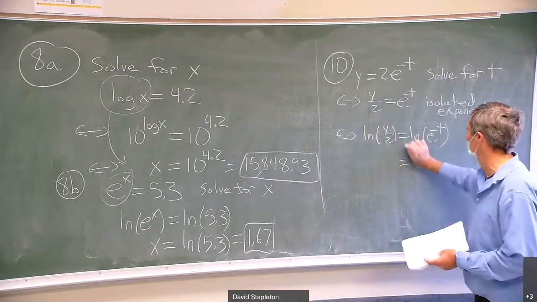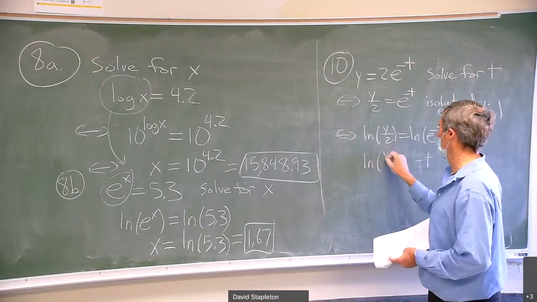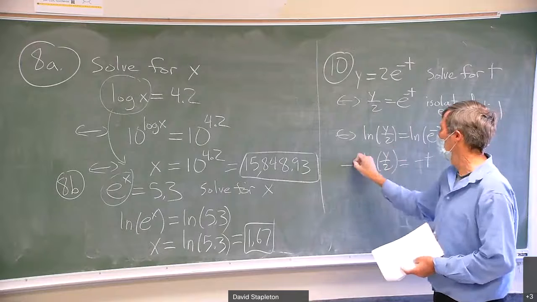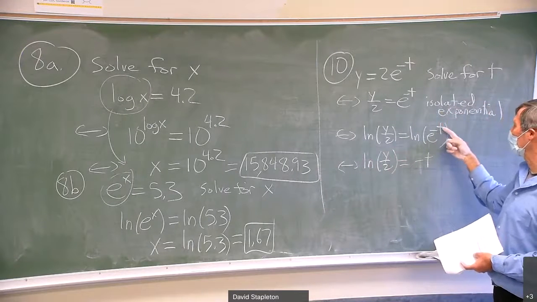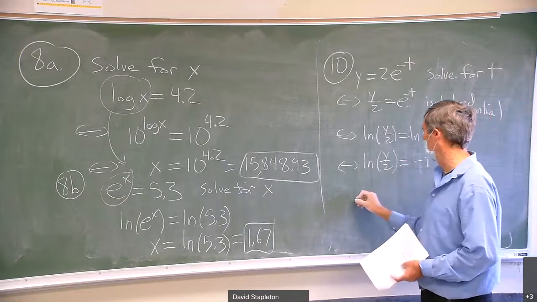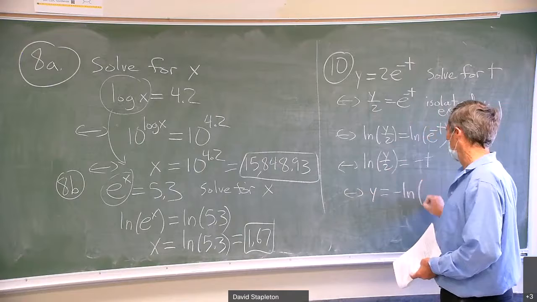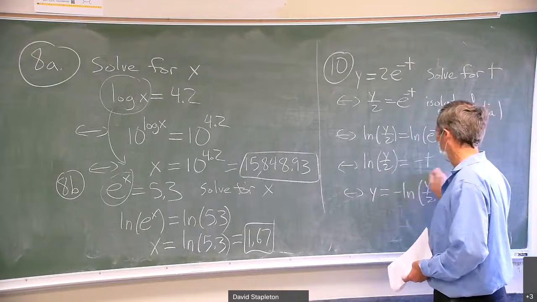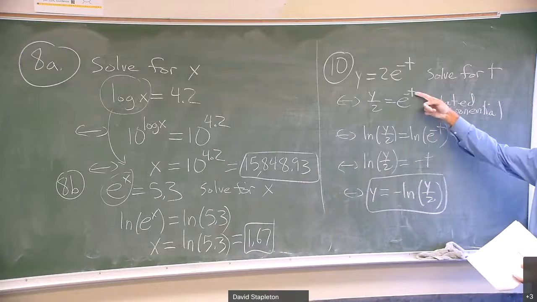And I've got minus t, the exponent, equals ln of y over 2. This time I made it a little harder than just e to the x. I put e to the minus t. So you've got to multiply by minus 1, and get equivalently t equals minus the natural log of y over 2. There it is. Right?